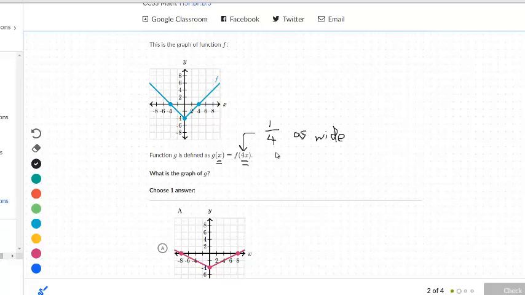So our inputs, if we're trying to find out where this new 4 is going to be, right? So our new G of 4 is where our old 16 was.